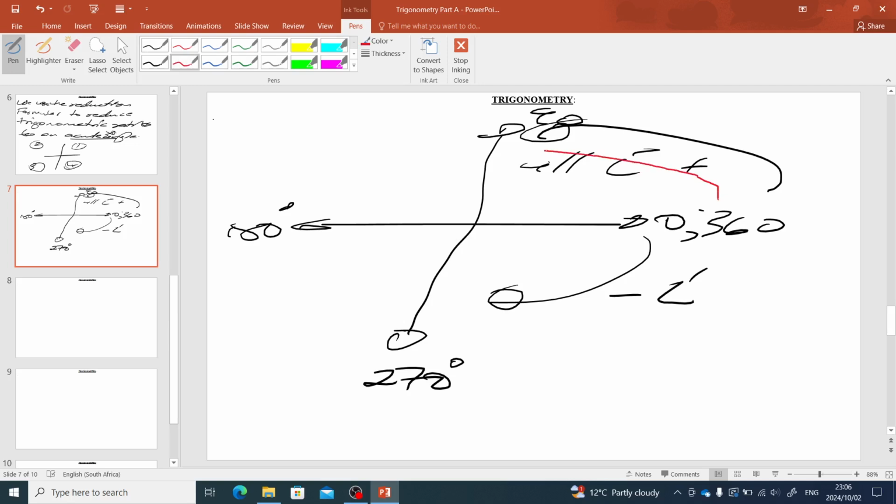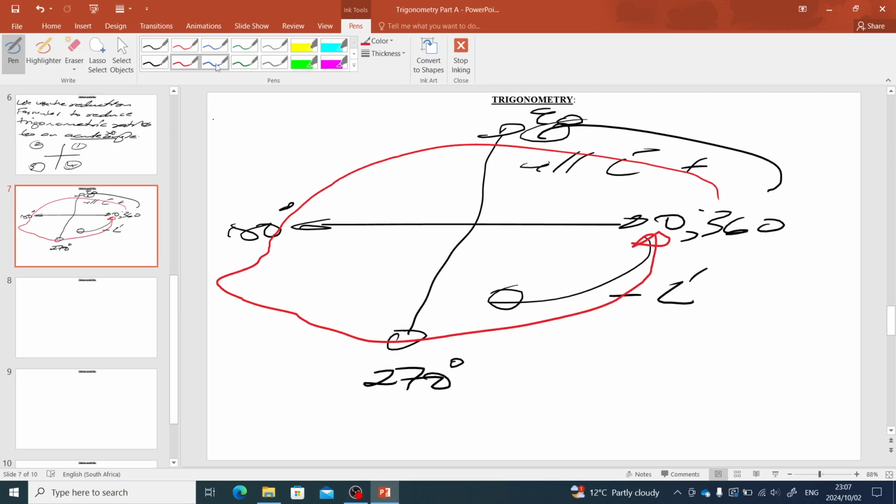10, 20, 50, 90, 100, 120, 180, they are all positive when we are rotating anti-clockwise. 190, 200, 270, they are all positive when we are rotating anti-clockwise. But now, when we are rotating clockwise, 0, negative 360, 270, 0, 360.